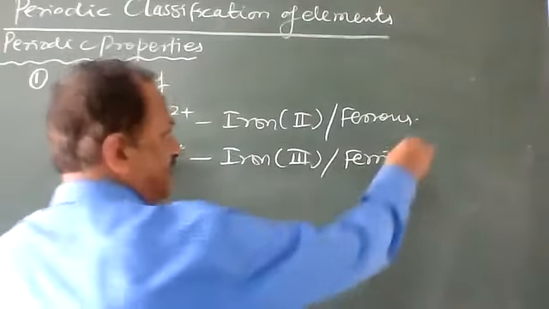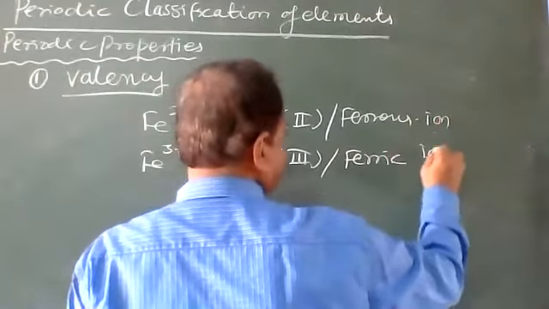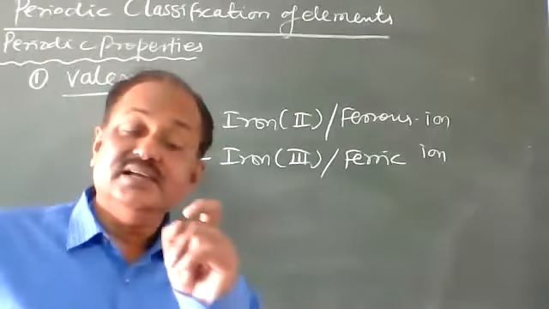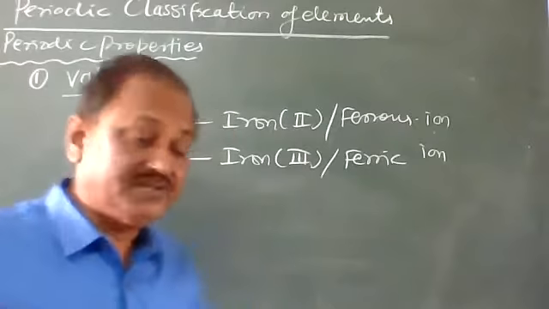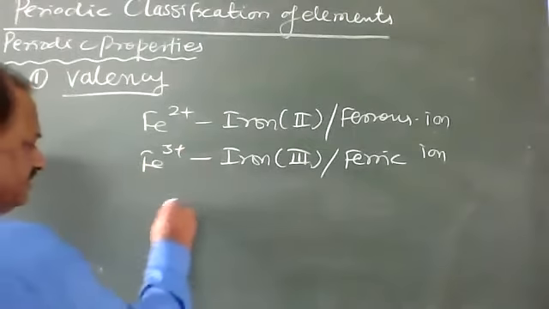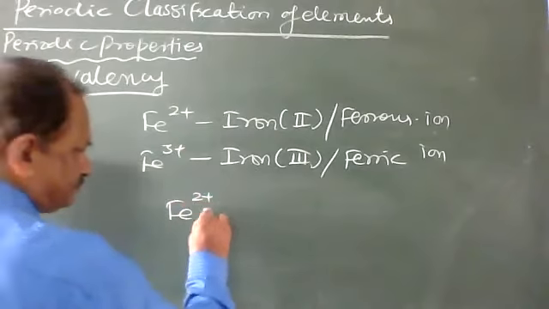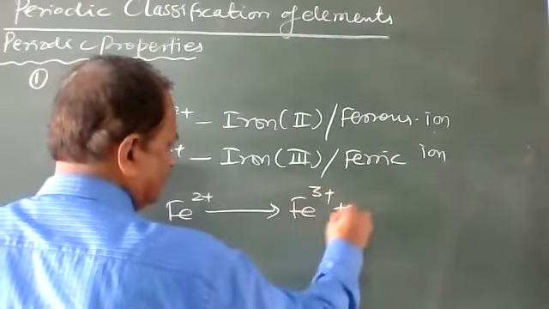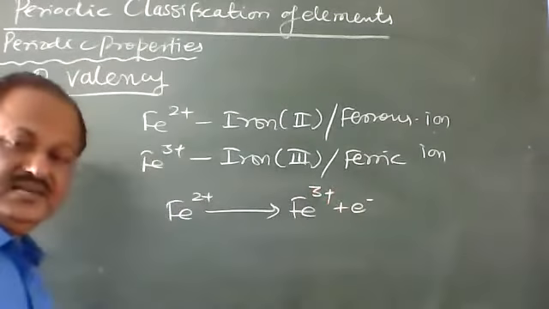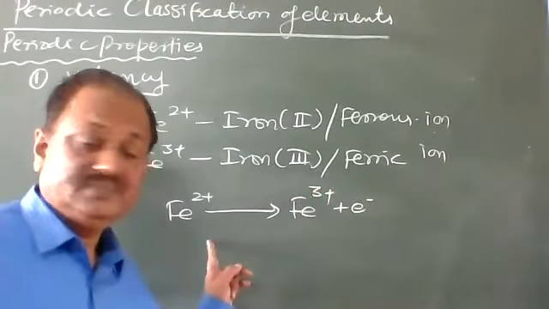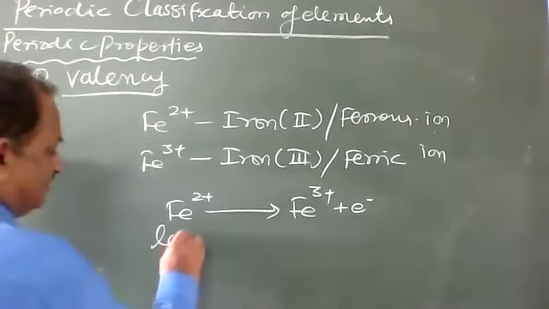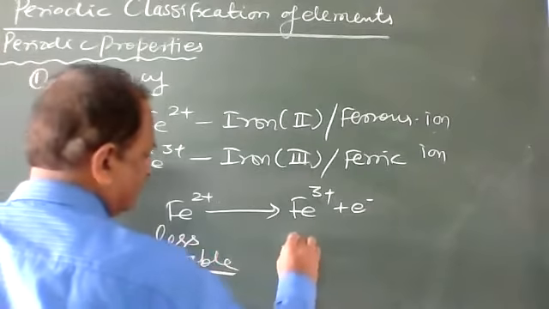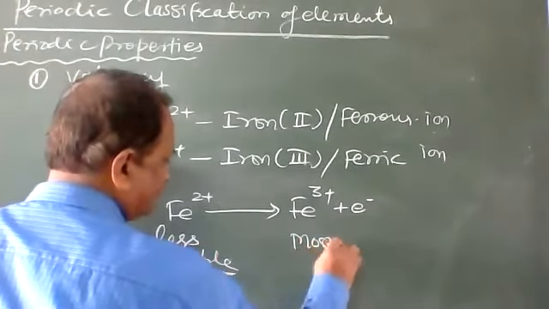Ferrous is less valent, less stable, and ferric is more stable. How does it happen? Fe2 plus loses one electron. So here it is less stable, and here it is most stable.